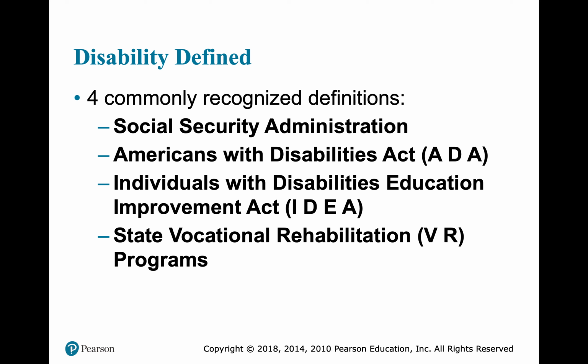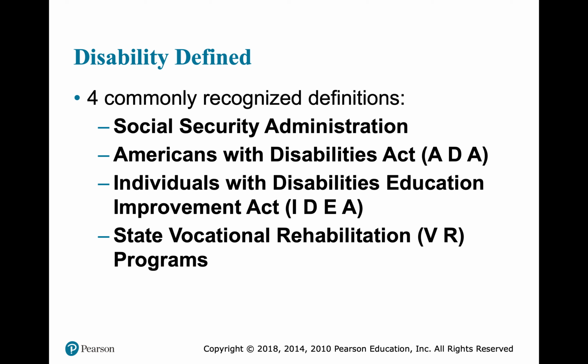The first, SSDI, covers eligible individuals who have a previous work history and have paid into the system. Those who have worked and paid taxes, and then for whatever reason are unable to work anymore, or can no longer adjust to work in a different job. They can't work at their old one or a new one.